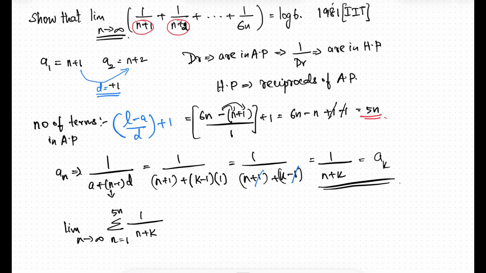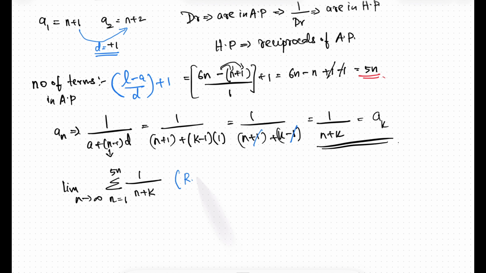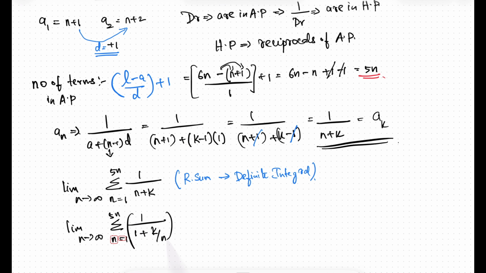Now we are going to convert this summation, or this Riemann sum, to a definite integral. Before that, let me remove n from the denominator, and I'll have 1 plus k by n, and here I'll have 1 by n.